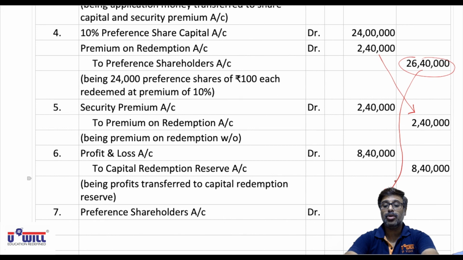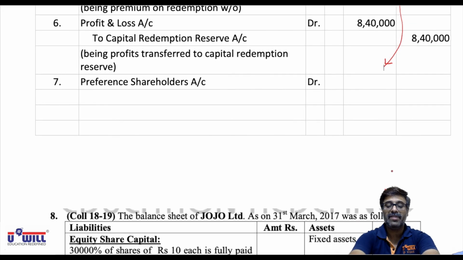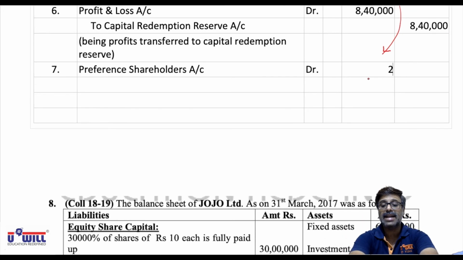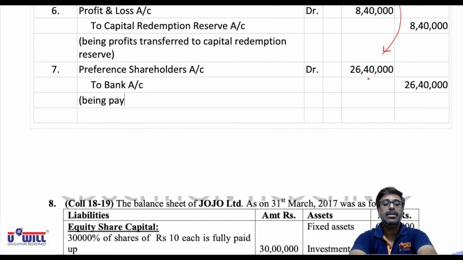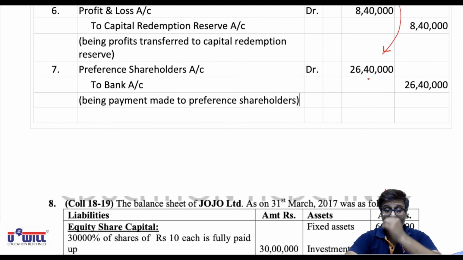So preference shareholders account debit 26,40,000, and bank is the giver, credit the giver, to bank account 26,40,000, being payment made to preference shareholders. So all the entries have been passed.